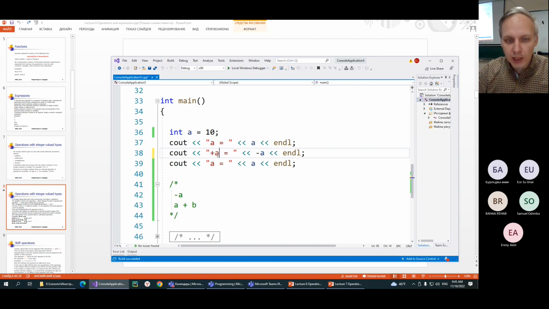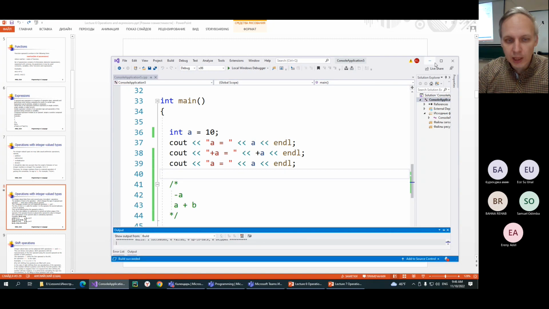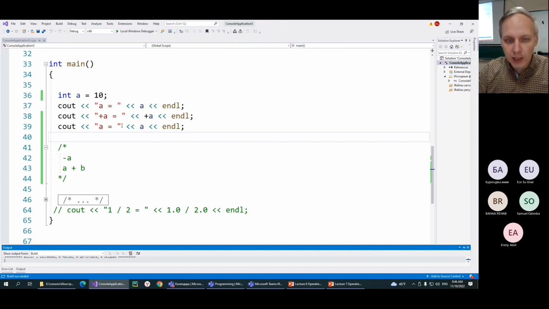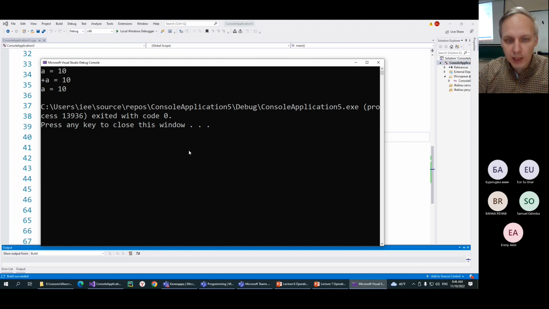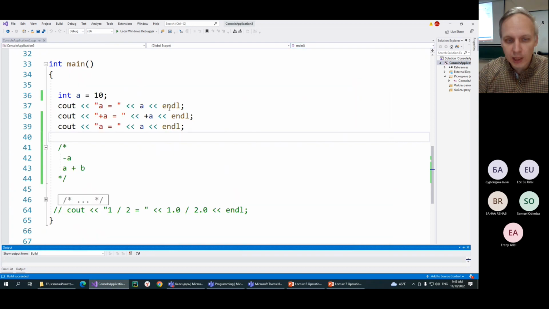Also, I can apply the operation plus. Yes, it does nothing, but it will be correct from the point of view of the compiler. When I compile this program, it will be correct. The compiler tells us, okay, no mistakes. But of course, plus A does nothing.